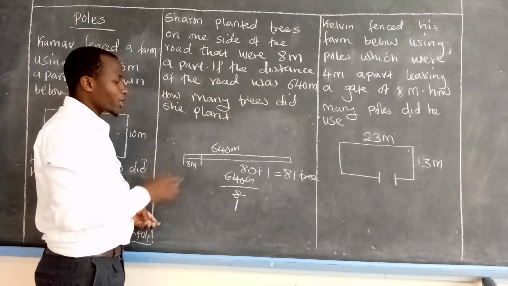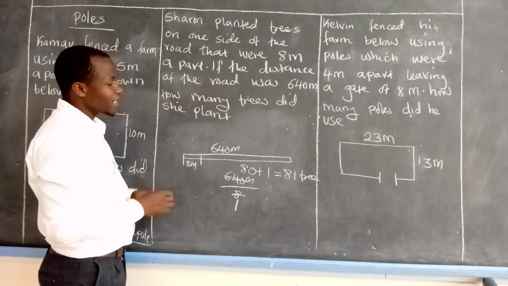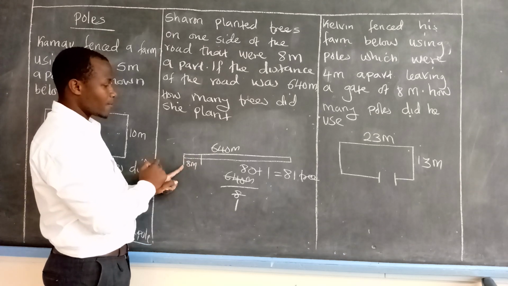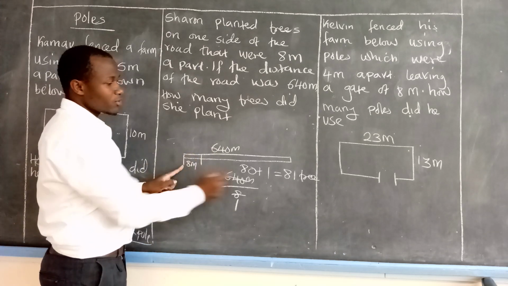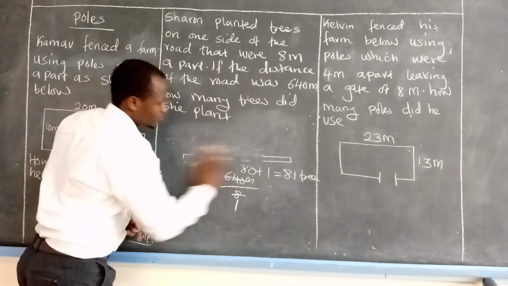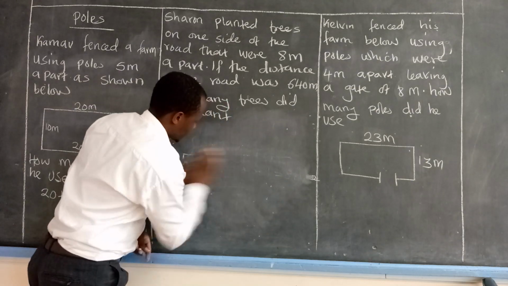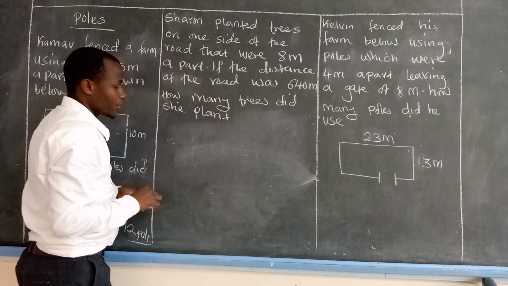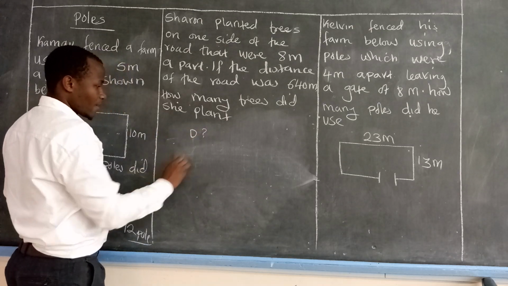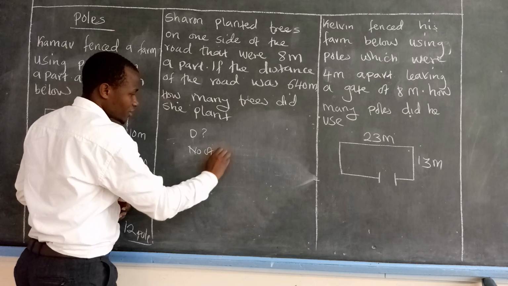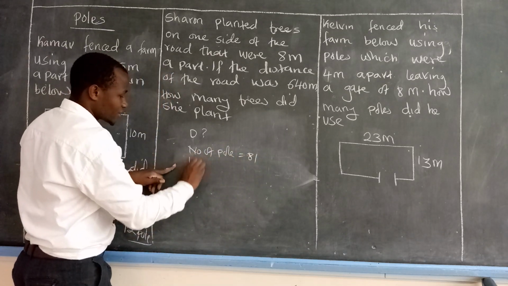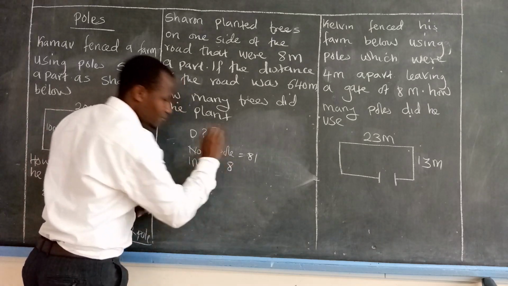On some occasions, we are given the interval from one pole to the other, but we don't have the distance, and we have the number of poles. For example, here the distance we don't have. The number of poles is 81 and the interval is 8.